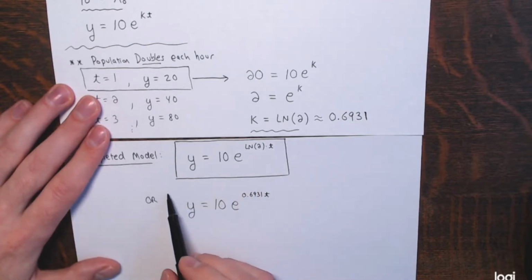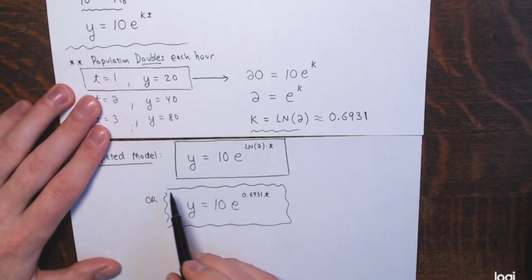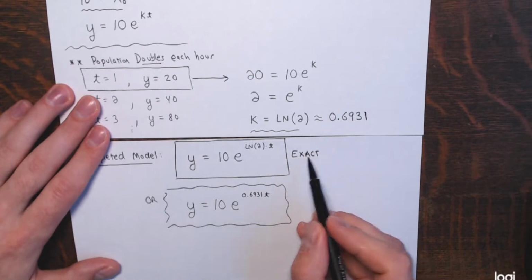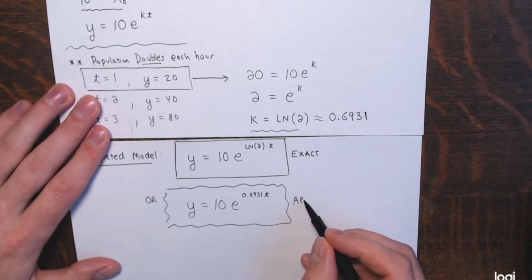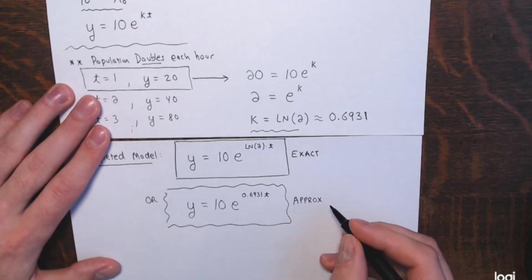This is also fine, but I would call this more of an approximate version. Here's an exact model because I didn't do any rounding. Here's an approximate model where we'll get values that are very, very close to the actual thing.